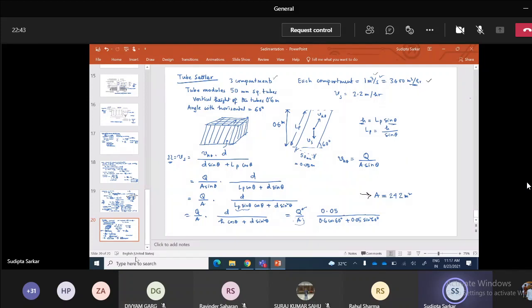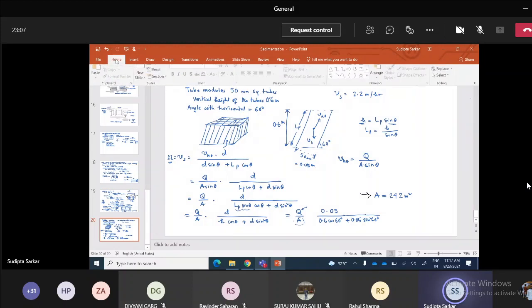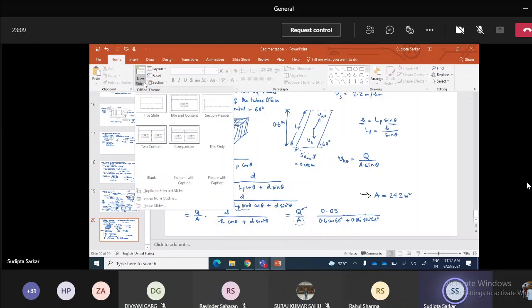Let us start working out this problem and see whether we are actually meeting all the standards, Reynolds number, Froude number, and all. So each compartment will now have an area of 242 square meter. Now, when the tube modules actually come in square tubes, let me put another new slide here.